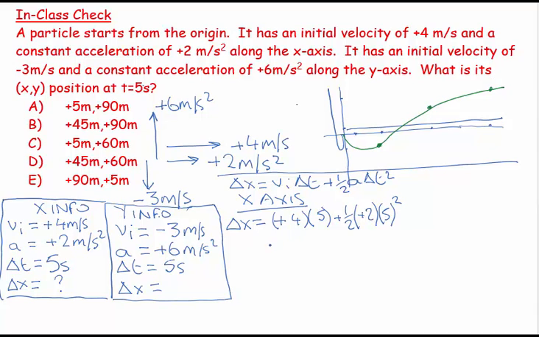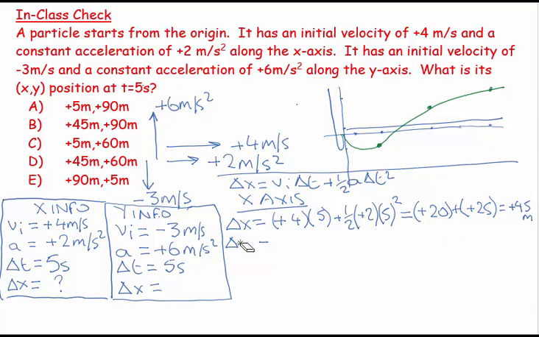I'm squeezing things in, so let's do it horizontally. That's going to be plus 20. And then plus 1/2 times 2 is 1, 1 times 25 is 25. So that's plus 25. So this equals plus 45 meters.